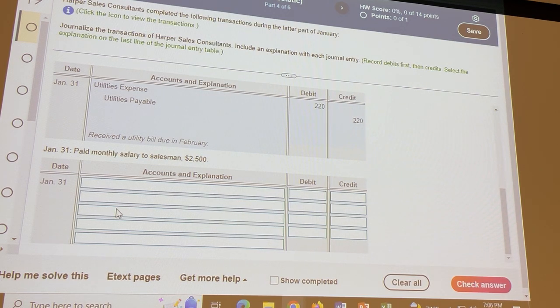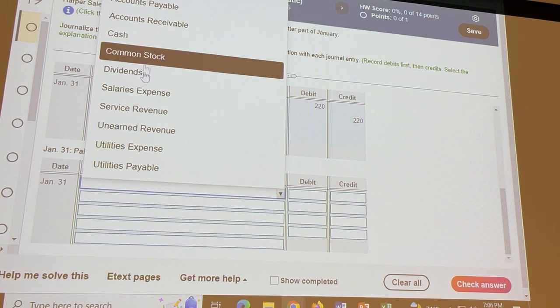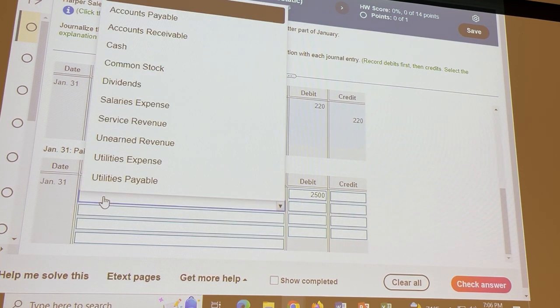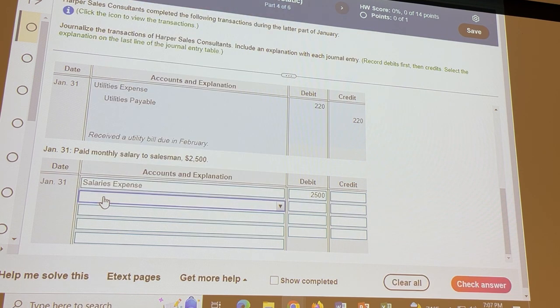Okay, then paid monthly salary to salesman, $2,500. So we normally will debit the expense account. So we'll debit salaries expense, $2,500. And then we'll credit the liability account. Oh no, we actually paid it in cash.